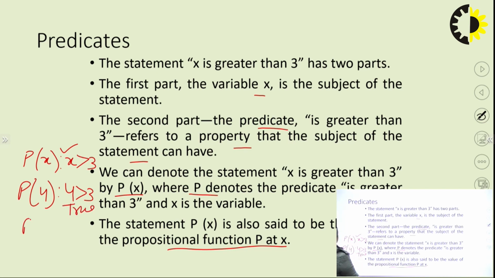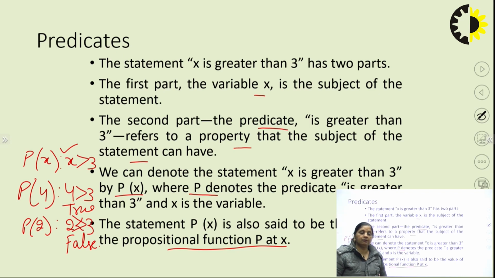Now if I enter 2, what is my condition? 2 is greater than 3? No. So it is false. So it is another proposition. One proposition was true and another proposition has false value. So my conditions have been represented with the help of a propositional function.